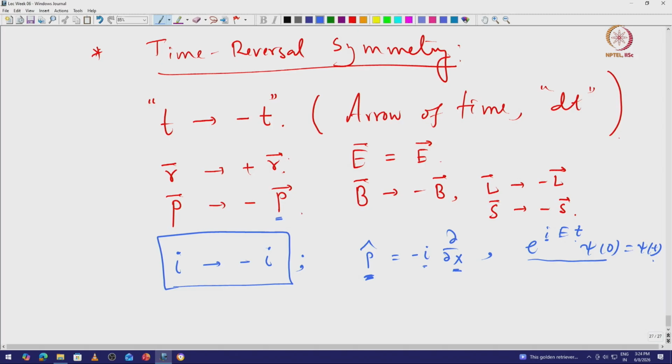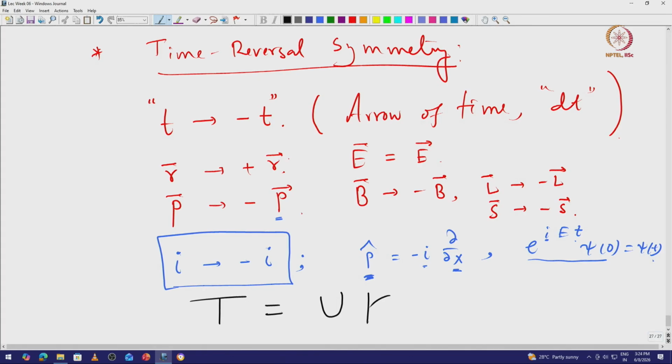So, which says that time reversal symmetry T can have a unitary part which will act on the state, as we did for inversion or parity. There can be a unitary part.